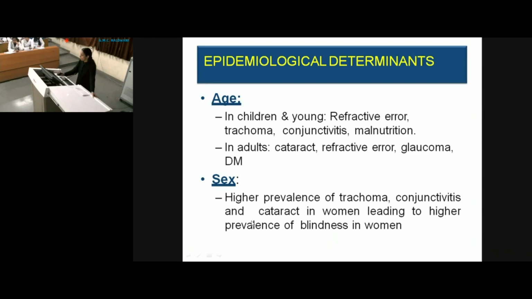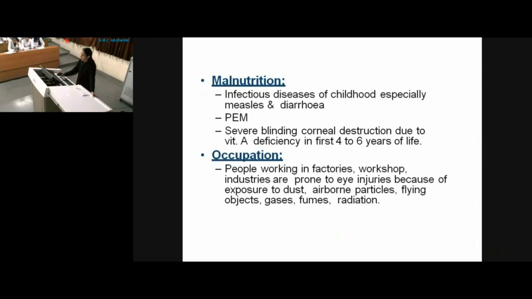Gender-wise, trachoma, conjunctivitis, and cataract are more prevalent in women as compared to men. Malnutrition and infectious diseases of childhood, especially measles and diarrhea, are responsible for blindness. Severe blinding corneal destruction occurs due to vitamin A deficiency.